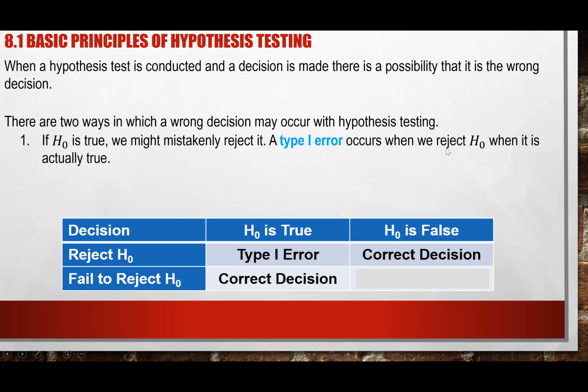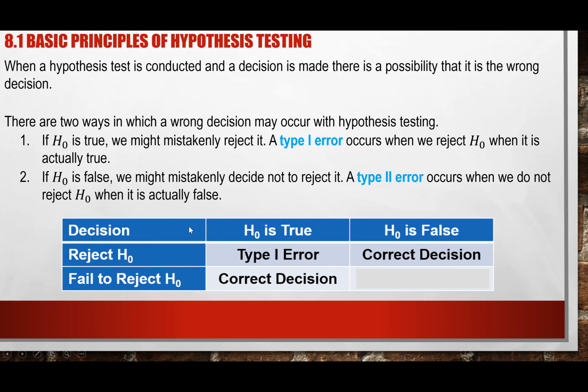So again, we reject H naught when actually H naught is true. That's what type 1 error is: when H naught is true and then we reject it, we throw it out. The other one is type 2 error, which occurs when we cannot throw out the H naught, but it is false. So type 2 error happens when H naught is false, but we cannot reject it.